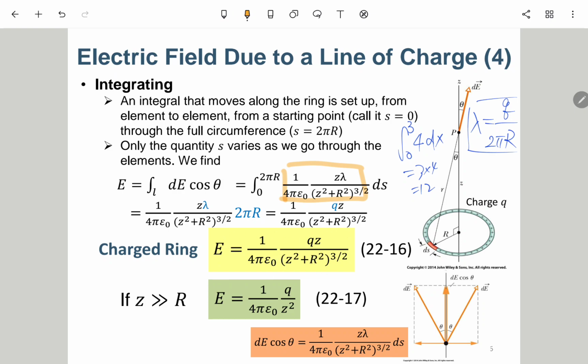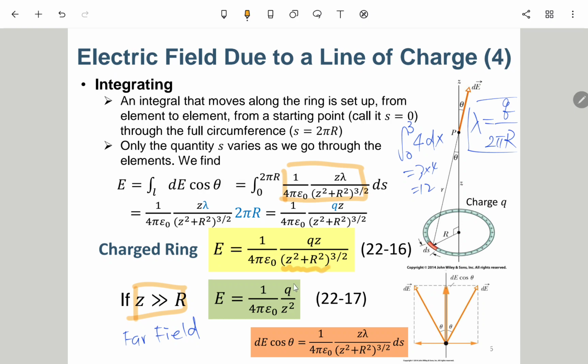But similarly, if we also assume the far field condition, which means z is much larger than capital R, then we can do some simplification.